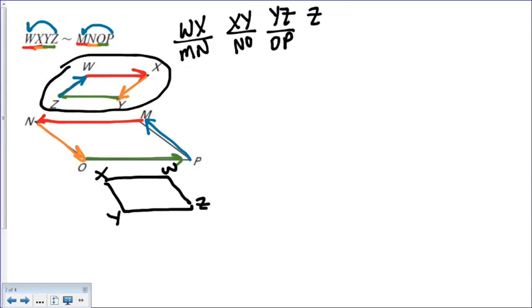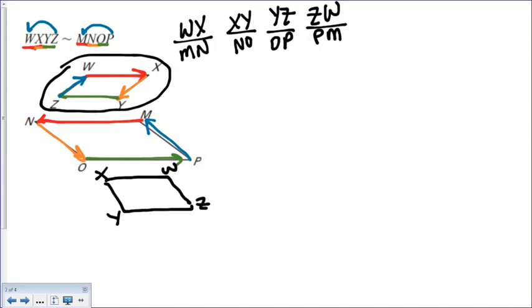And then around the horn, ZW is proportional to PM. So all those side lengths are proportional to each other.